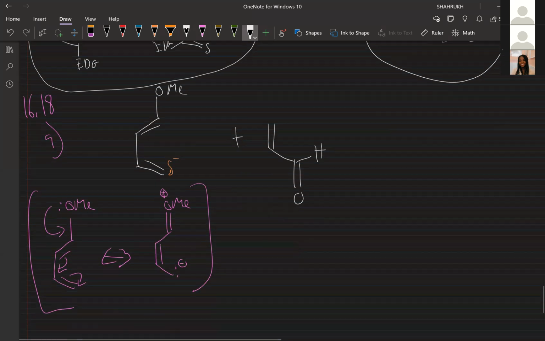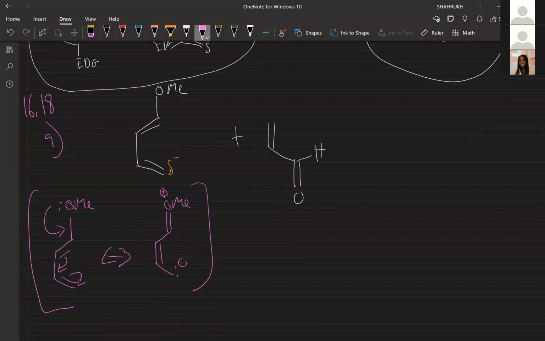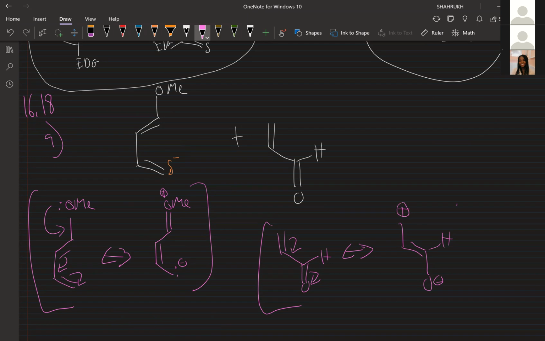So if we were to draw resonance structures, they would look like this, push here, push here. Then you would see that that carbon is partially positive, because in the resonance structure there's a carbocation there. So we could write this as a partially positive carbon.